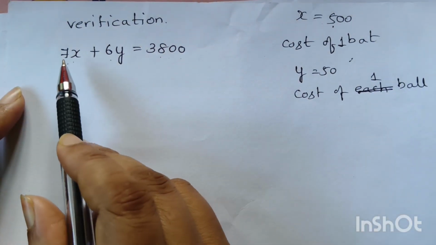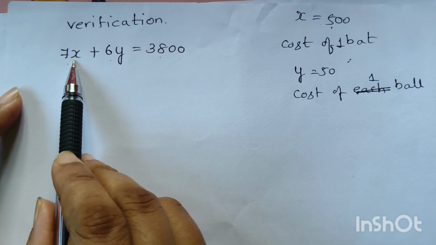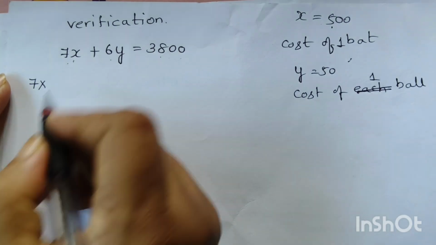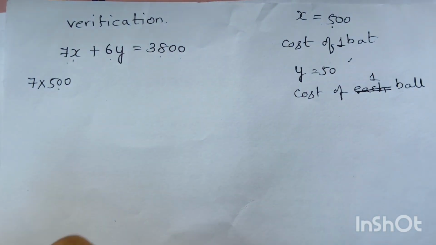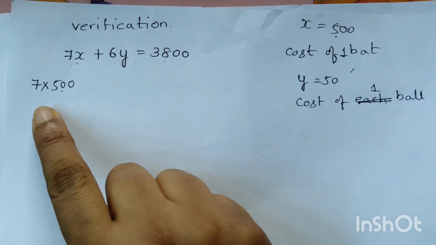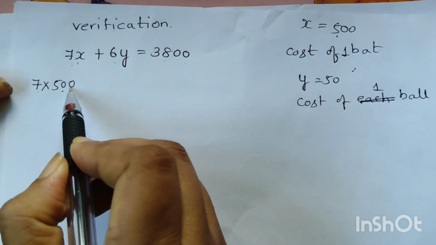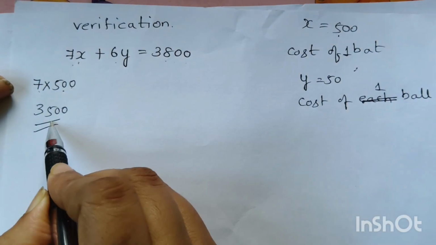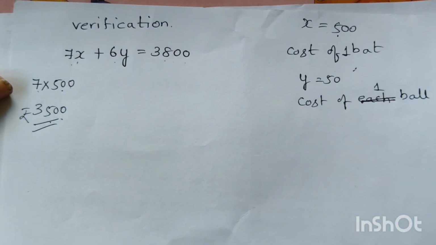But the cricket coach will purchase 7 bats. Therefore, what will we do? 7 into 500. 500 rupees is for one bat, but how much is he purchasing here? 7 bats. Therefore, 7 into 500 is how much? 3500, right? For 7 bats, we have to pay 3500 rupees.